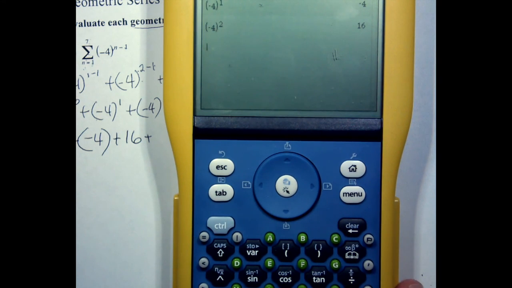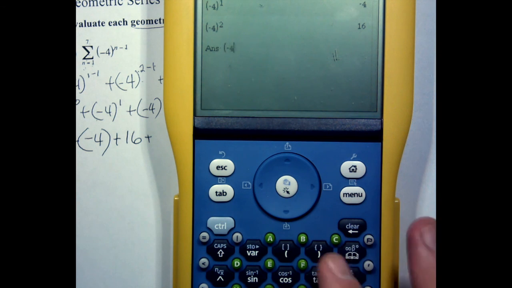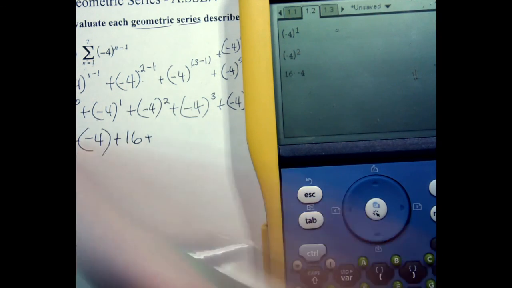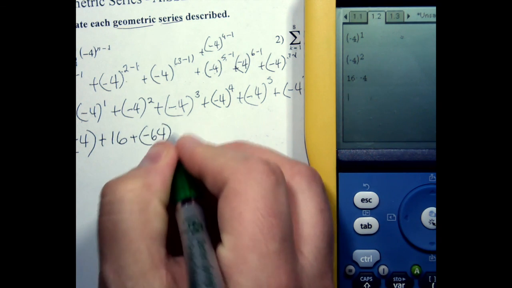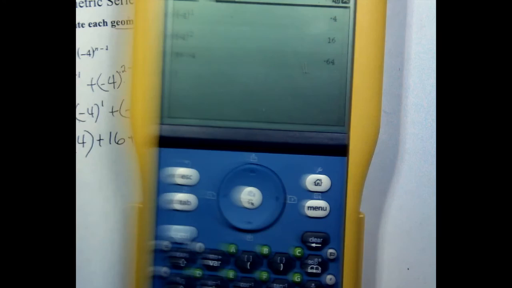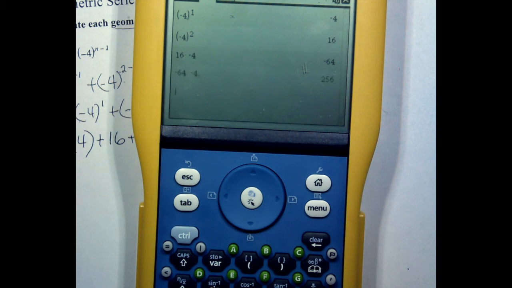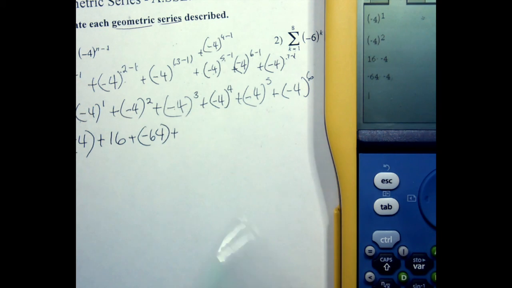Another way to do this: wouldn't that be the same as 16 times negative 4? This is a lot like a geometric sequence, where we had a common ratio. In this case, we can think of the common ratio as negative 4. Times negative 4 again gives us the next term, negative 64. Multiply again by negative 4, just by hitting enter, and I get positive 256.